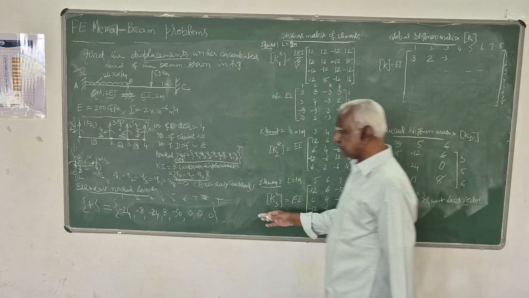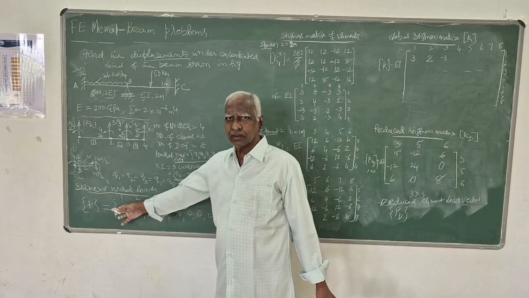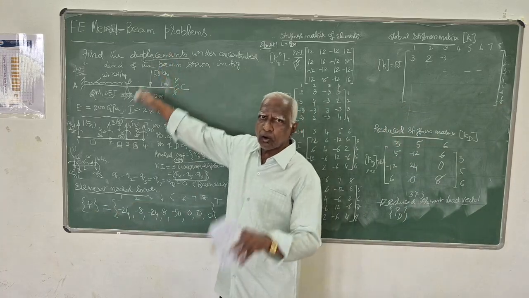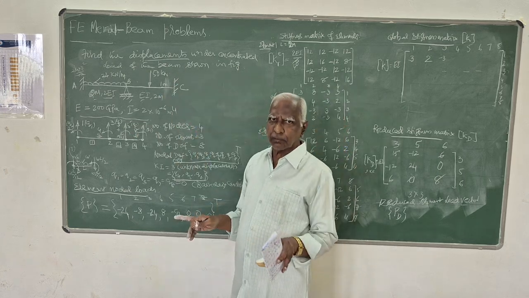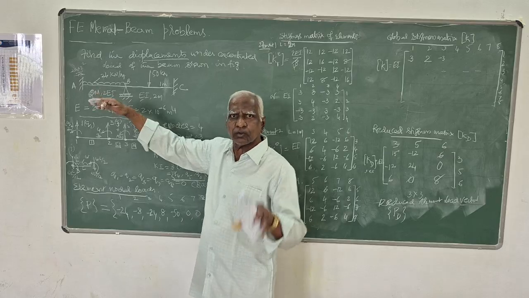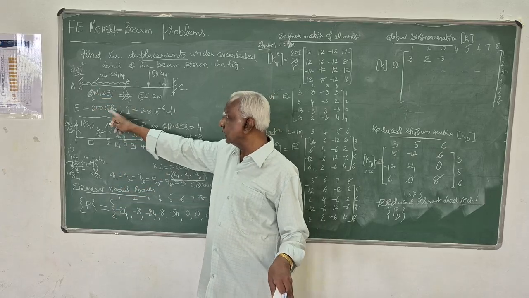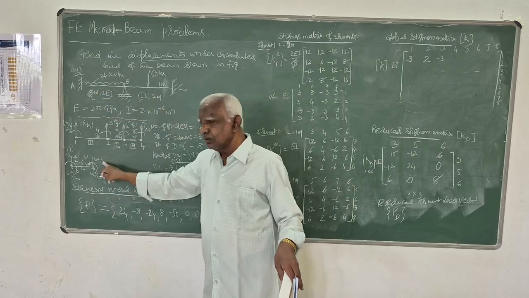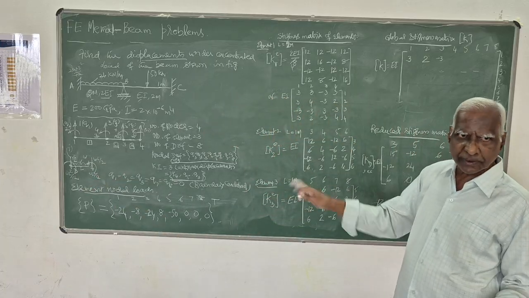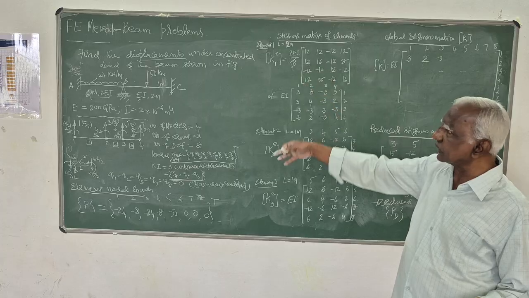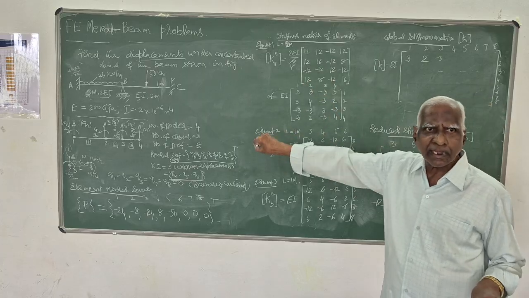Here I have generated the nodal load vector for the structure. All the loads have to be only at the nodal points. If there is a surface load, find the equivalent nodal load, as I have told. If it is UDL, find the equivalent loads like this. If it is a triangular load, you can take it. But if it is a concentrated load or moment, you select a node.